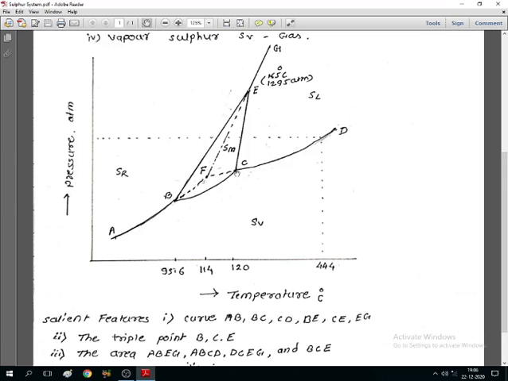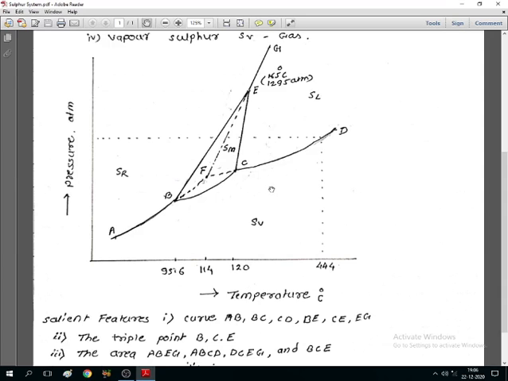Triple point C is a meeting point of the 3 curves BC, CD and CE. पहिला पॉईंट झाला. दुसरा पॉईंट along this point C, SM, SL and SV are in equilibrium. तीसरा पॉईंट phases 3, component 1.